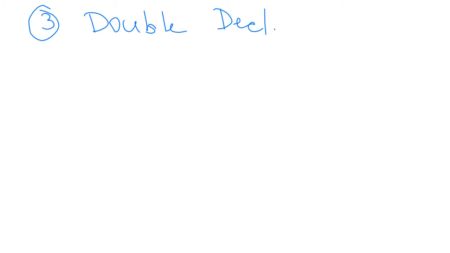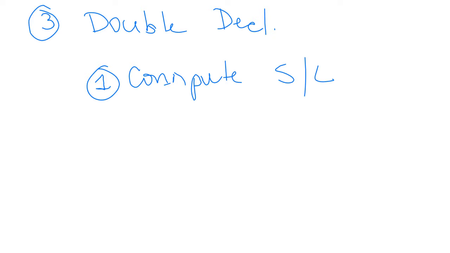We try to depreciate more of an asset in the first years, while the asset is considered very efficient, brand new, and it contributes more to revenues than in its last years of useful life. So for the double declining method, we will first compute the straight line rate, and then second we'll double it.